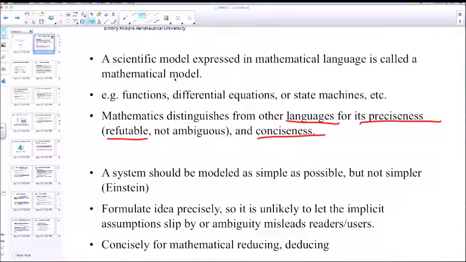What does refutable mean? It means that if it's a logic problem, your answer is either yes, right, or no. That's refutable. If you're wrong, there should be a way to find it. Second, it cannot be ambiguous. That means each term you define should have no second interpretation, like in the other end, political science.